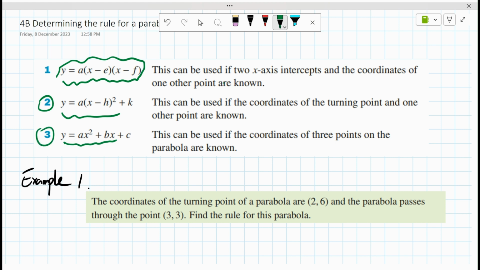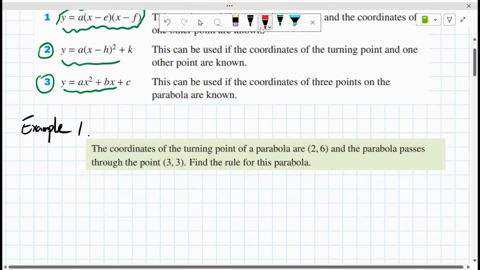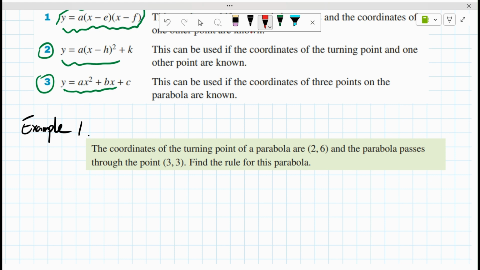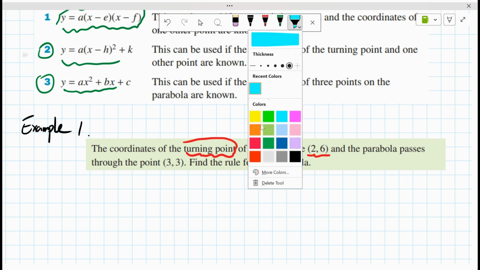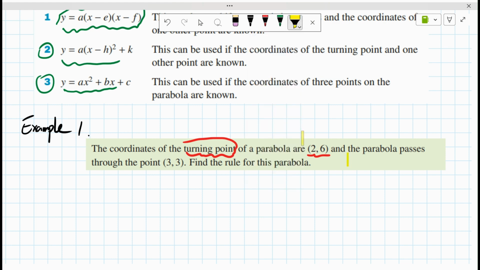So for example, example one, let's have a look. The first thing, we know the coordinates of the turning point of the parabola are (2, 6). Once you see it's a turning point, please highlight that. You're actually gonna use that during the final exam, and you will see the turning point a lot of times. The second one is that it goes through the point (3, 3).